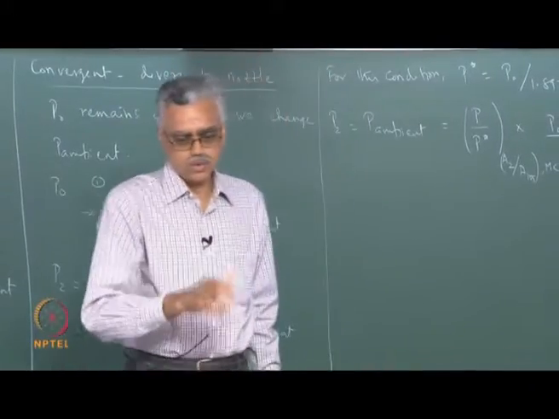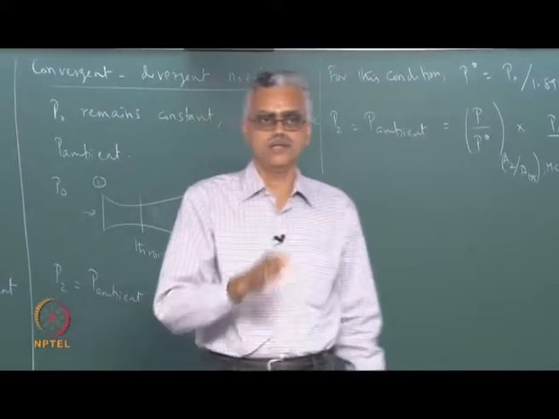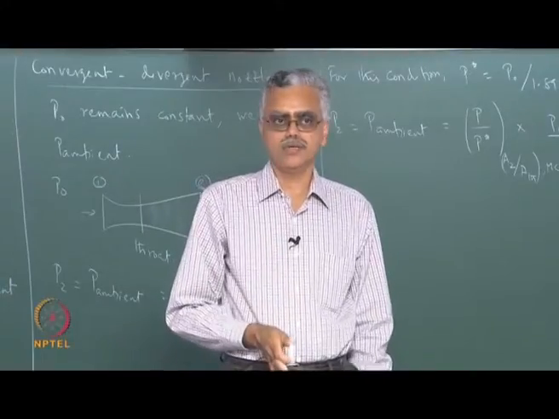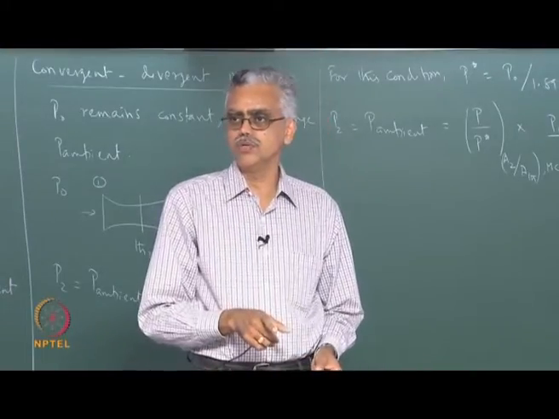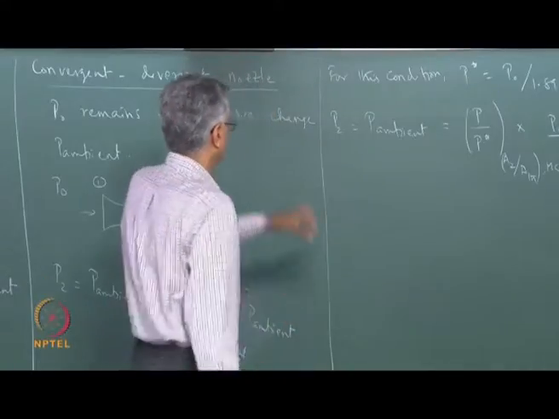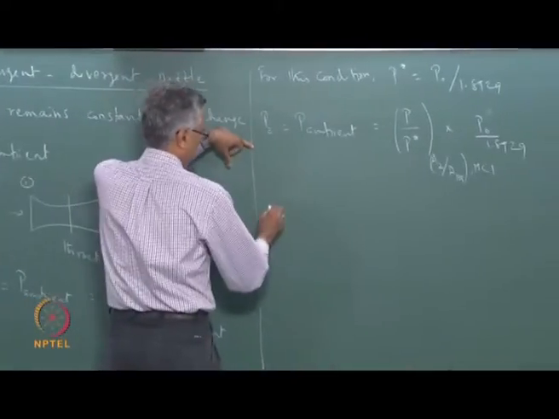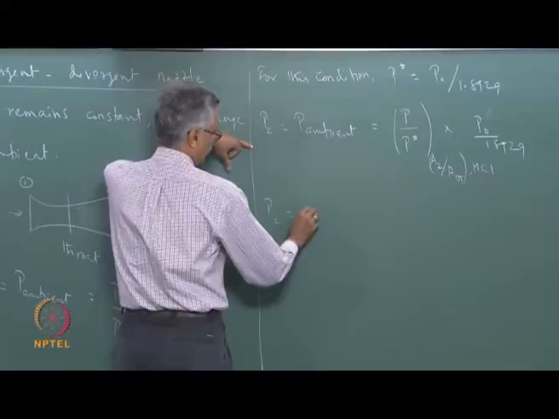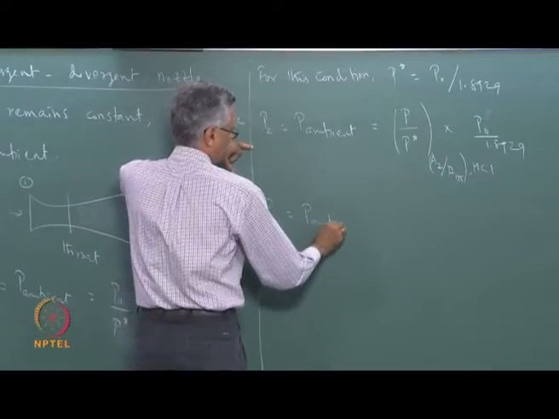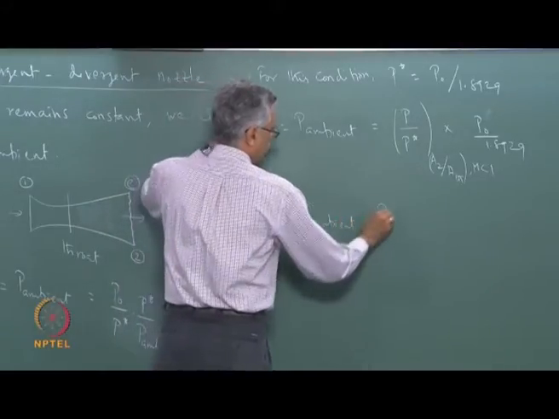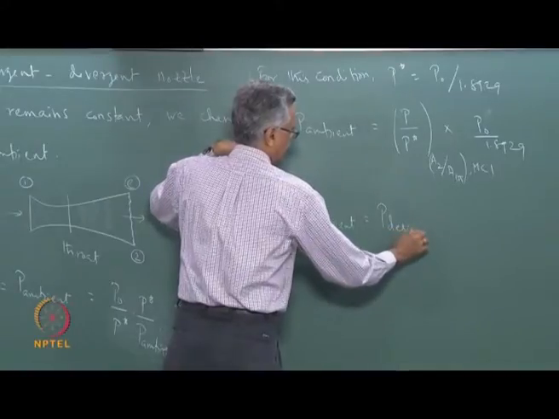Okay. So again notice that this solution is completely isentropic and the Mach number at the throat is also equal to 1. So this corresponds to a situation when the exit pressure P2 is equal to P ambient, and this pressure is also called the design pressure.